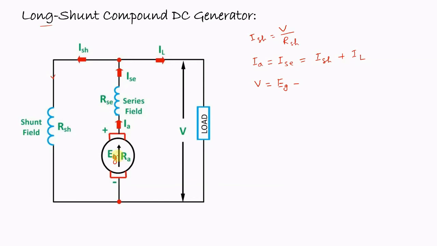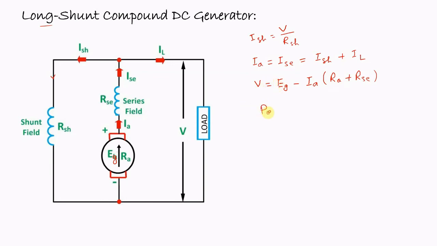As the same current flows through the armature winding as well as the series field winding, it can be written as Eg minus Ia into (Ra plus Rse), because the armature and the series field winding are connected in series. So this is the total resistance, and this is the voltage drop. So the voltage across the load will be this one.